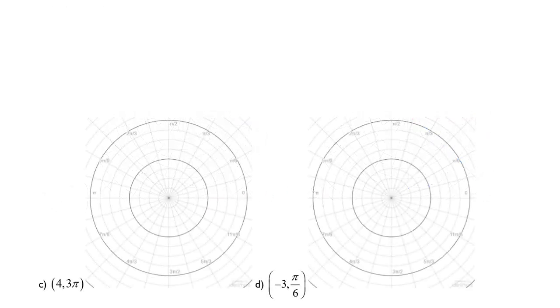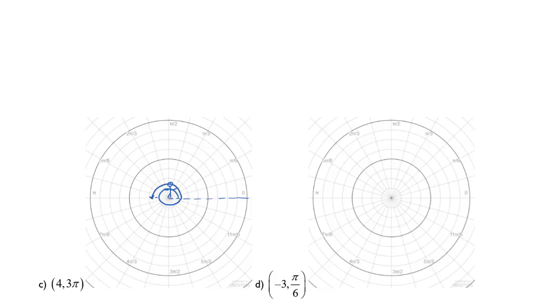In these last 2 examples for plotting points, we're given in C (4, 3 pi). So first we'll start out at the polar axis, pretend we're standing at the origin, and then we'll rotate 3 pi. So here's 1, 2, 3 pi.